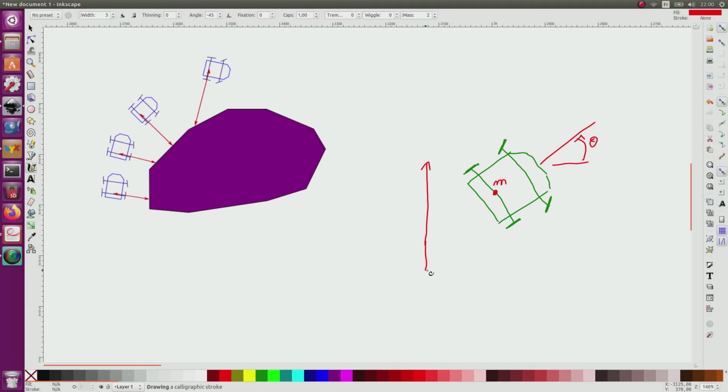Here we have X and Y. So here the center of the car will be X and Y, or we'll call it sometimes also MX or MY, to be sure that it is the center of the car. And the speed is V.